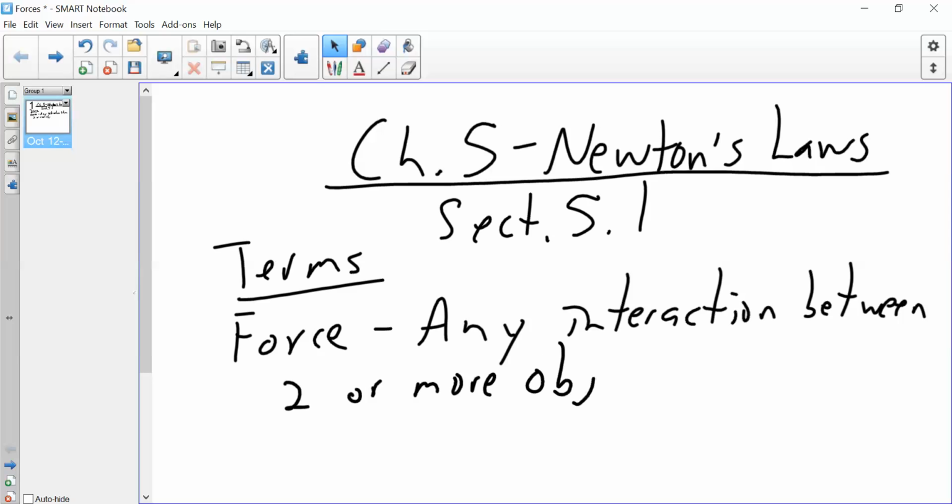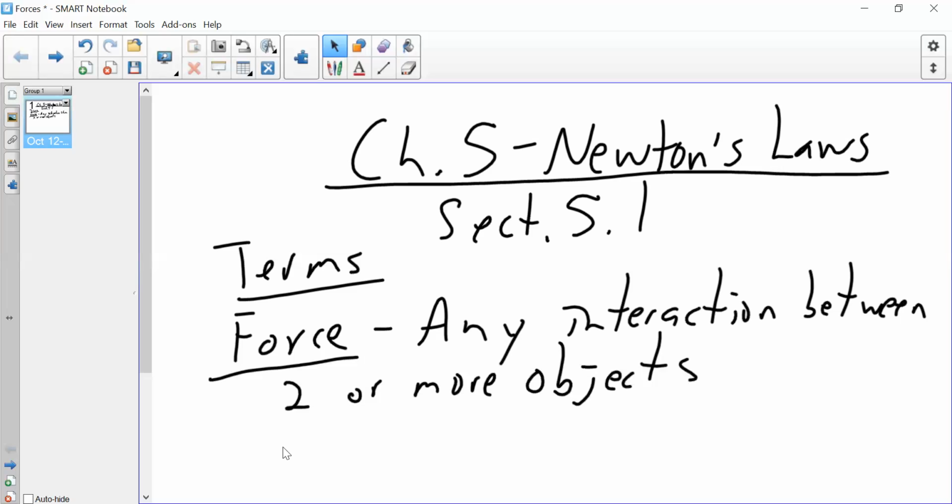And that interaction can be a gravitational interaction, electric interaction, electromagnetic interaction, the strong force that exists in the nucleus, any type of force, any type of interaction that we can call a force that exists between two or more objects. And our notable examples are the gravitational force and the electric force.